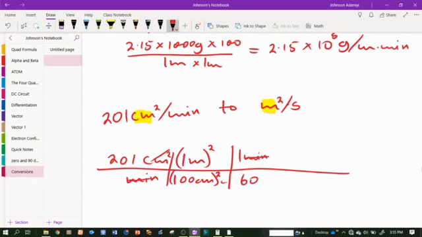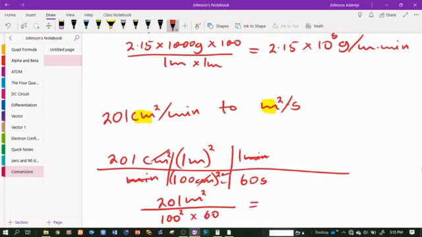So at the end of the day, your answer is going to be 201 meter square divided by, this centimeter, remember, is gone. So this is going to be 100 square because of this square here, times 60.